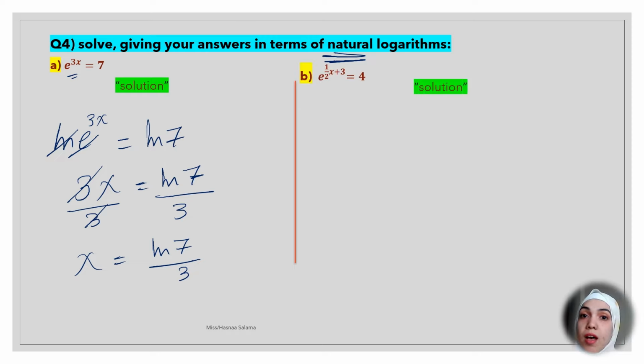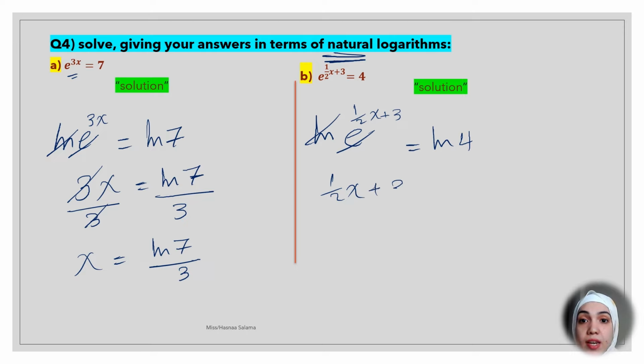e power half x plus 3 equal 4. We use ln for both sides straight away, why? Because they cancel each other so we can get the value of x. So ln e power half x plus 3 equal ln 4, not 4. Cancel together, half x plus 3 equal ln 4.